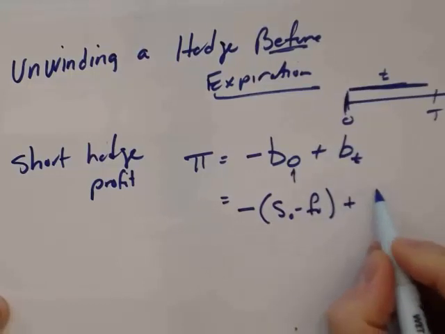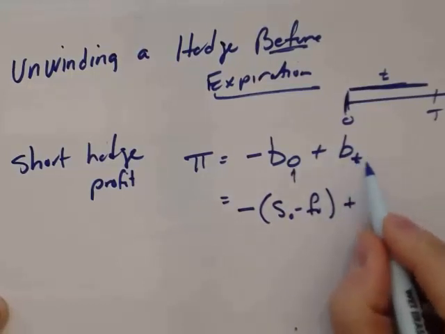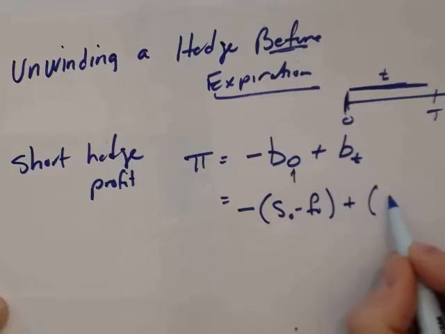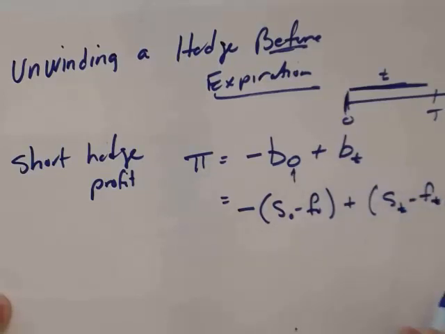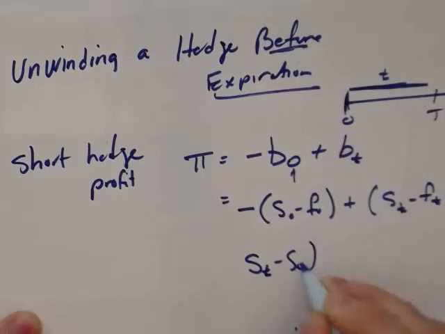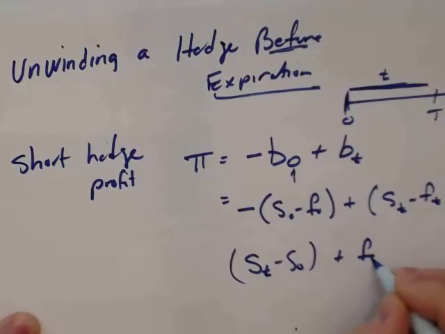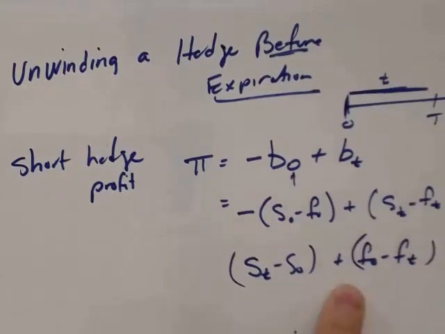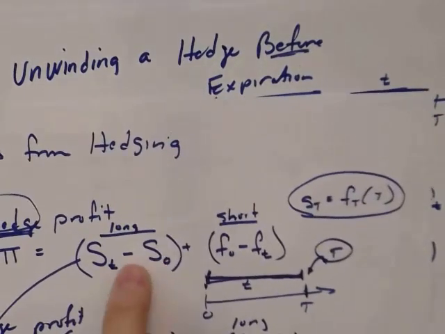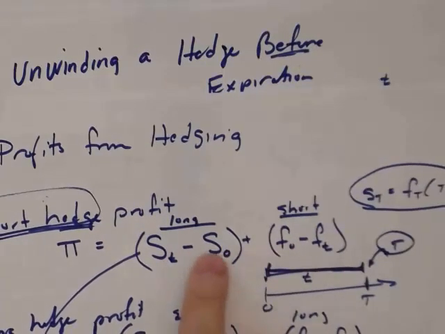And now we're going to look at the basis at time little t, and that's S_t minus F_t. If you rearrange this, you end up getting S_t minus S_0, which is the long spot position, plus the short futures position. That's what I just showed you a minute ago, right here in this math.